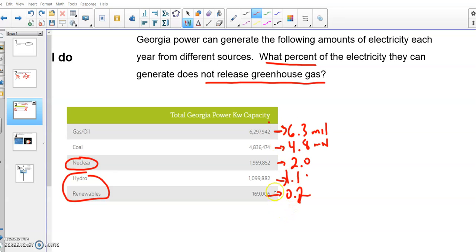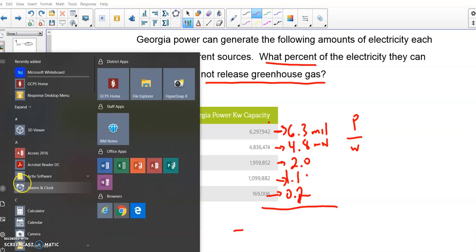So remember, what I want to know is what percent of all this electricity would not release greenhouse gas. So remember, a percent is a part to whole ratio. So I'm going to need parts and wholes. So the first thing I'm probably going to need to know is how much is all this added up. I think I'm just going to go ahead and use a calculator to do that quickly.